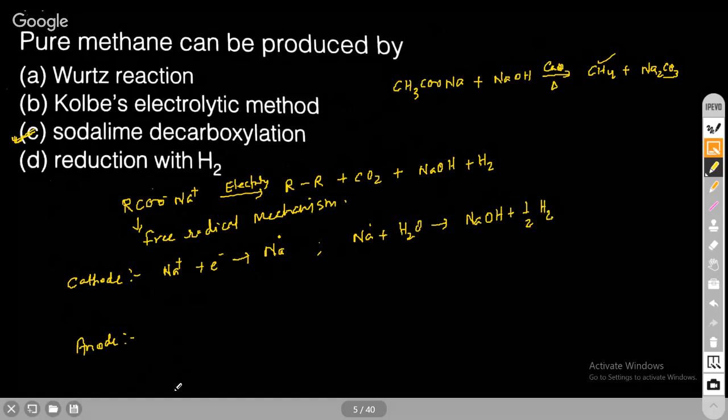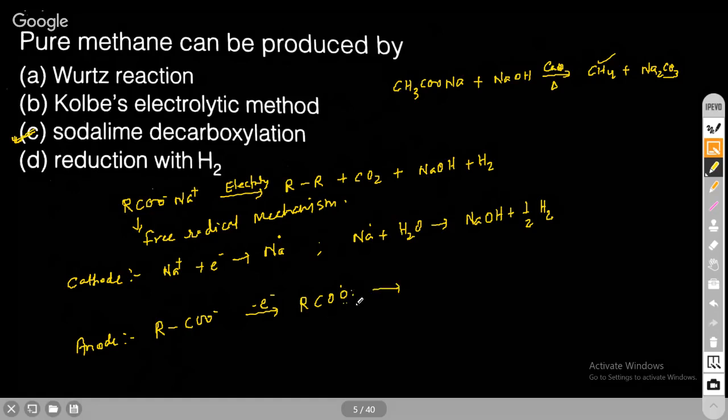The anode reaction is this: the anion we have, RCOO minus, releases one electron, because oxygen has one extra electron. That's why we have a negative charge here. It forms RCOO, where this oxygen has one unpaired electron. So this is again a radical.